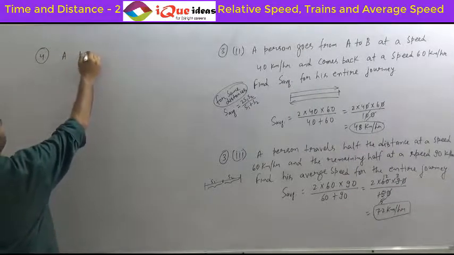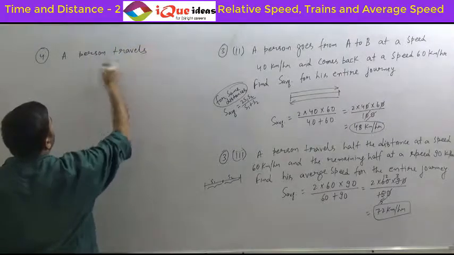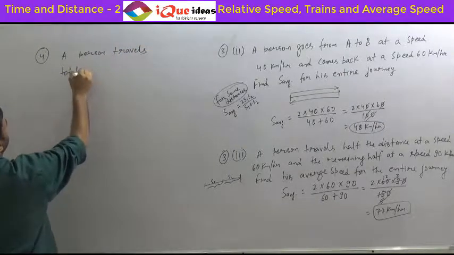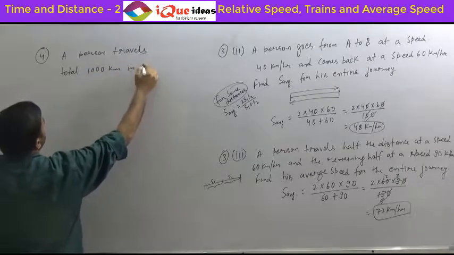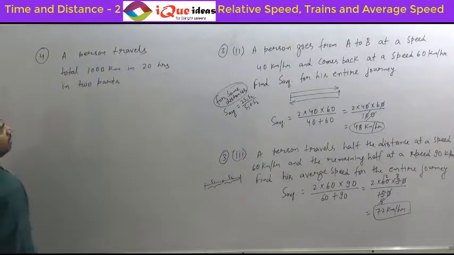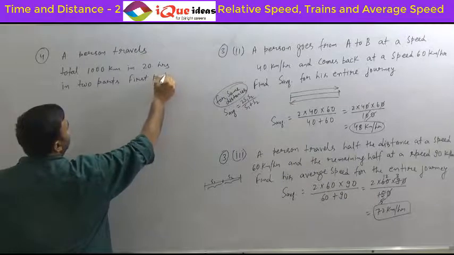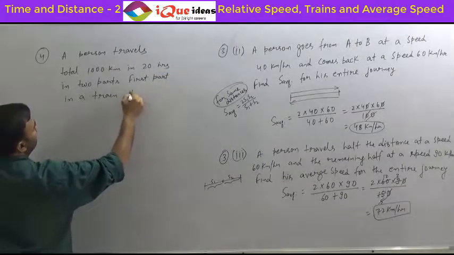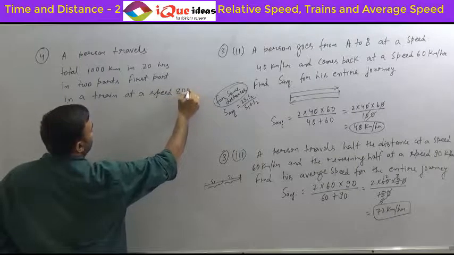A person travels a total of 1000 kilometers in 20 hours in 2 parts. First part in a train at a speed of 80 kilometers per hour.